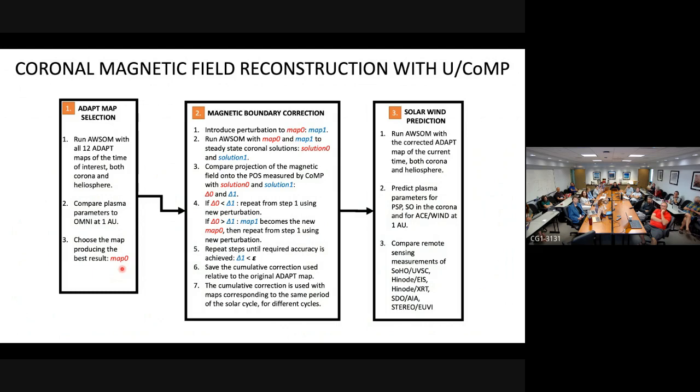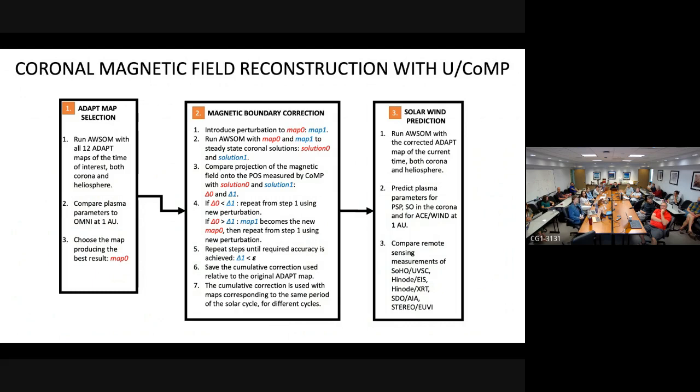So I was wondering if we could use COMP data to correct it in an iterative way, that we add a weak random noise to the magnetic field, to the boundary on the top of the measured magnetic field, and see if our next solution is converging to the COMP observation, and iterate until it does and matches up to a certain point. And our model would be perfect for this because, as I showed you, we can calculate emissions on individual magnetic field lines. So the emission strengths are well integrated in the line.